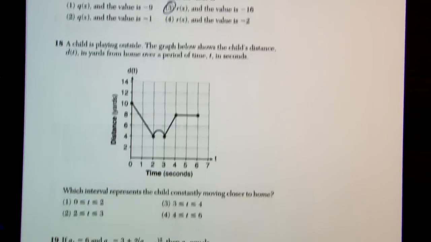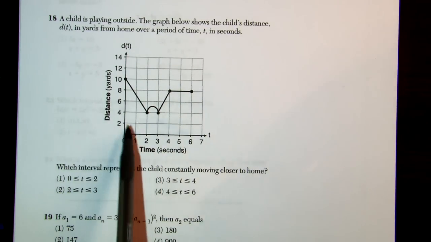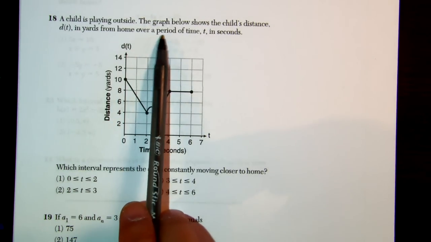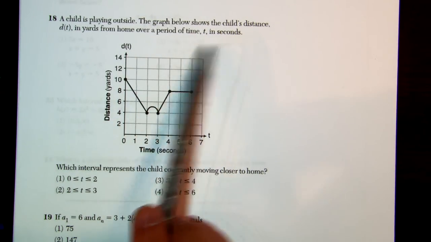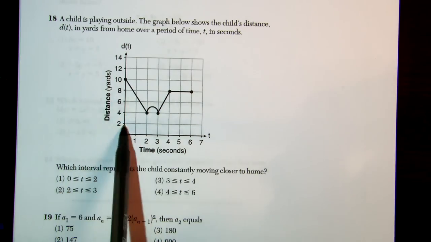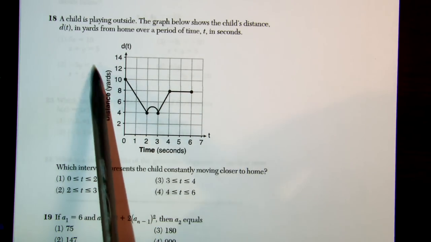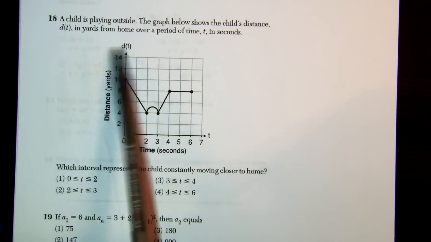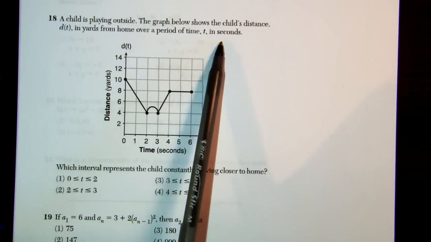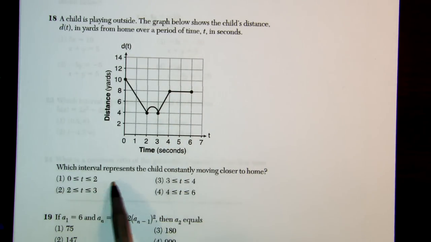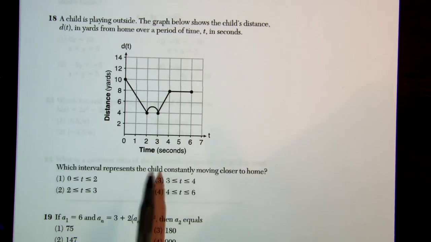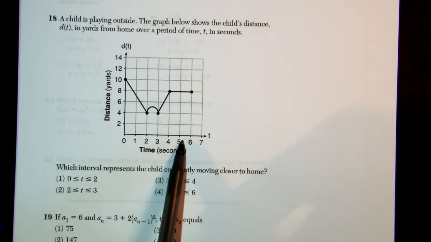Okay, 18. Says a child is playing outside. The graph below shows the child's distance d of t. So here's the distance the child is from home in yards over a period of time t in seconds. Which interval represents the child constantly moving closer to home? So closer to home means he's going to be getting closer to this line.